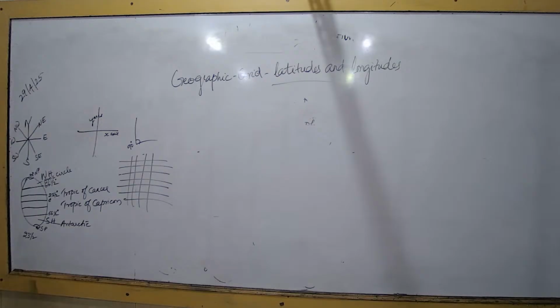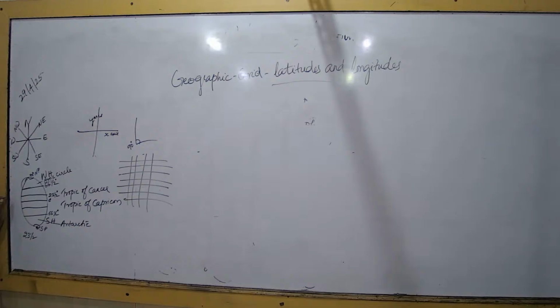Understood? See the 0 degree here. Then above that 1 degree, 1 degree, 1 degree like that, it goes to 90. And here 1 degree south to 90 degree. Together make 181. See, here 90 degrees you got, here 90 degrees you got. But this 0 degree is the first one.